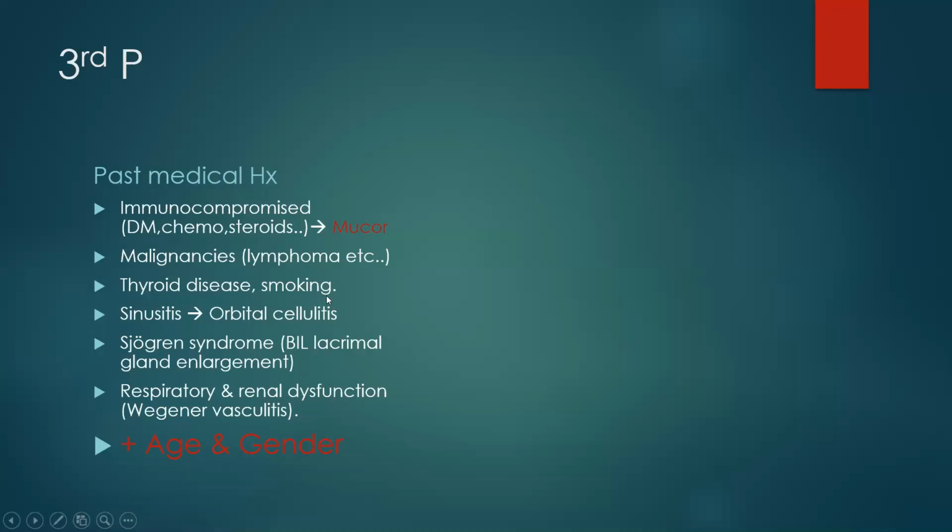As we know, smoking is an important risk factor for thyroid disease severity and duration. And sinusitis, which can develop orbital cellulitis, Sjogren's syndrome, which can present with bilateral lacrimal gland enlargement, and respiratory and renal dysfunction in Wegener vasculitis.